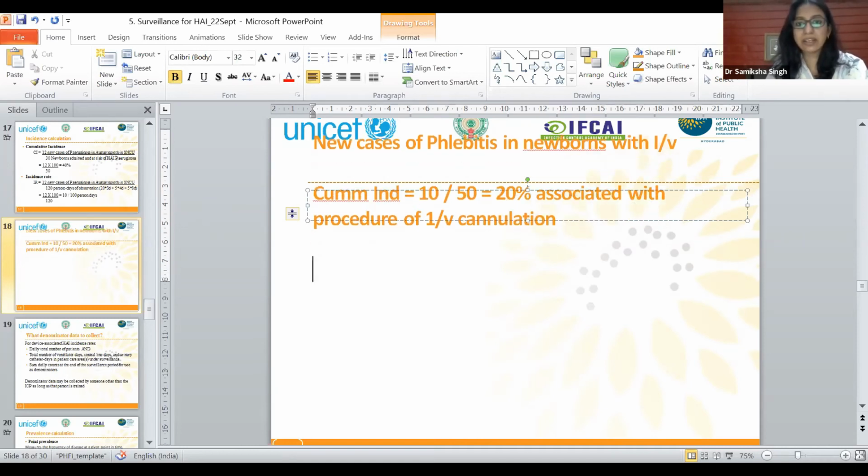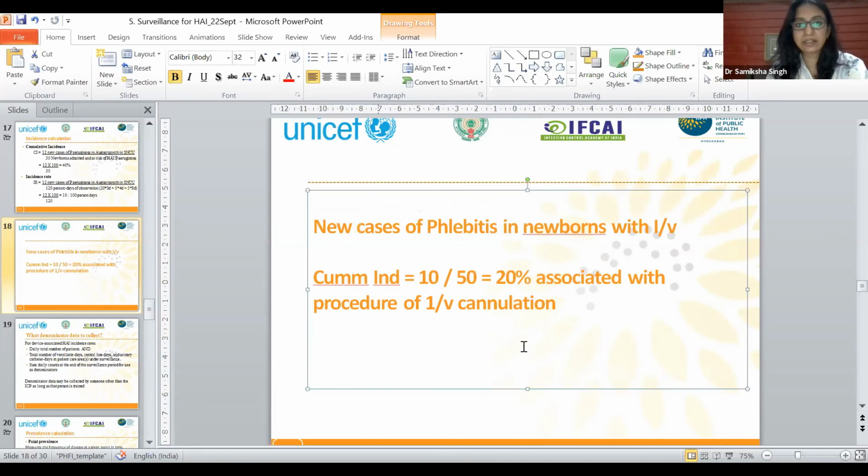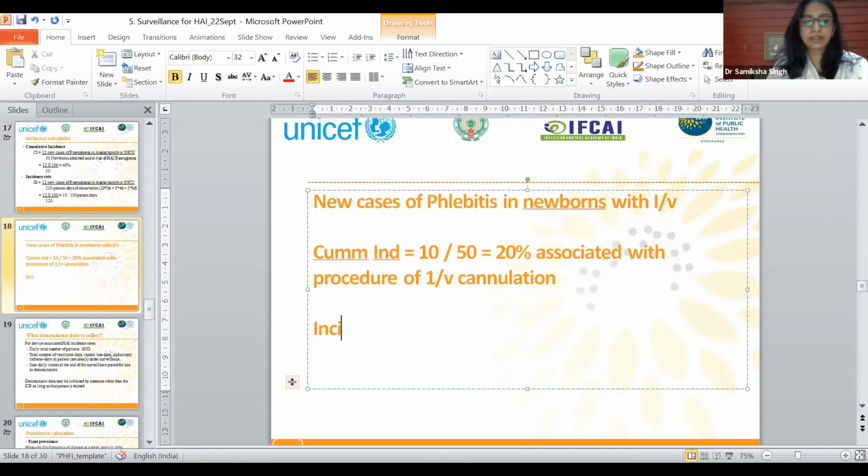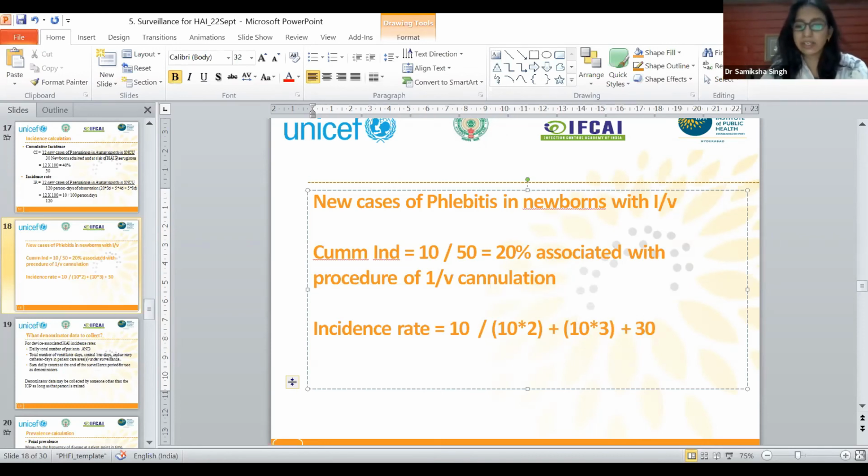If you have to calculate incidence, that is incidence rate, let's say we have 10 new cases, but out of 50, 10 were on IV cannulation for 2 days, then another 10 were on IV cannulation for 3 days, another 30, just to make it easy and quicker, were on IV cannulation for 4 days.